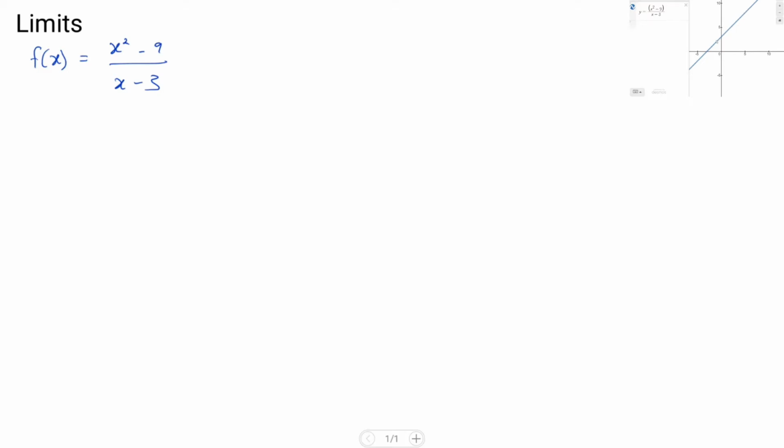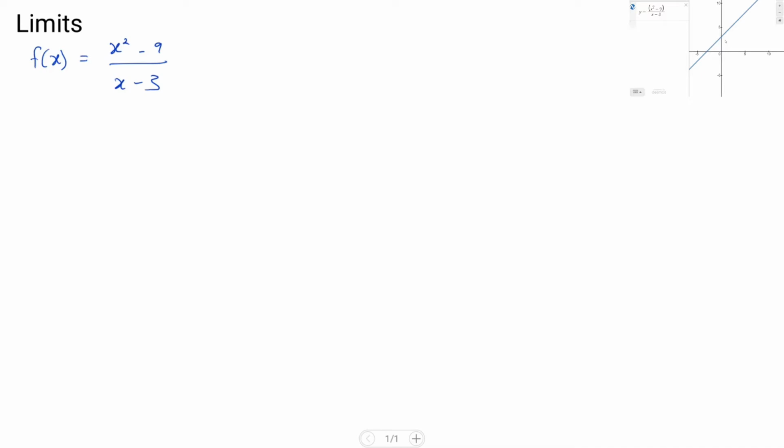You might look at the function at first and think this doesn't look like a linear function at all. We've got an x squared in here, and then we're dividing by x. But for the sake of this example, we're just going to say this turns out to be a straight line, or a linear graph.